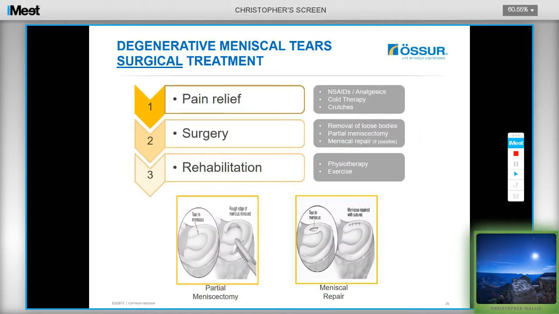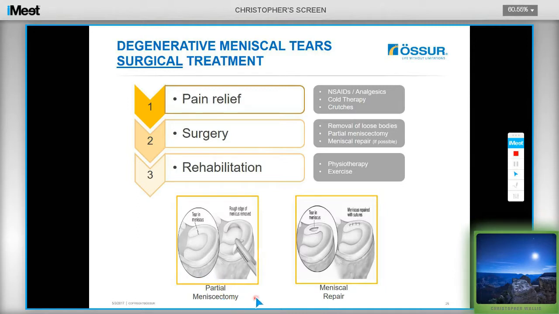From a surgical perspective, the procedures again are these meniscectomies or meniscal repairs. Generally, it will be removal of any loose body. So if there are fragments that have come loose of the meniscus and are floating around in the joint capsule itself, they'll be removed.